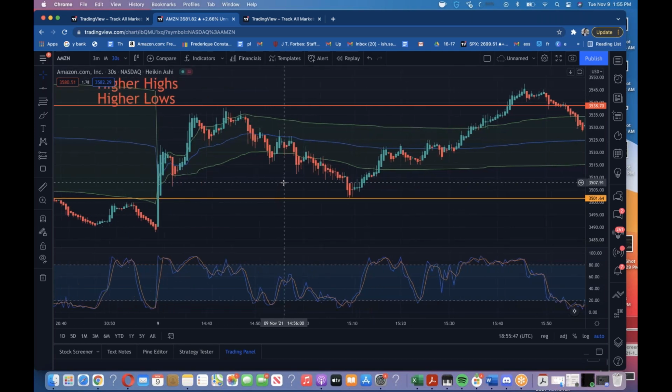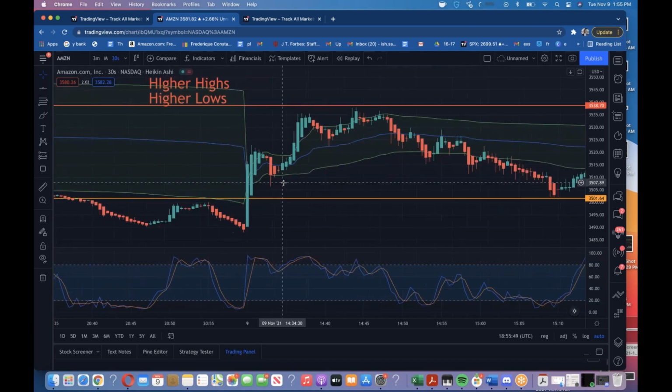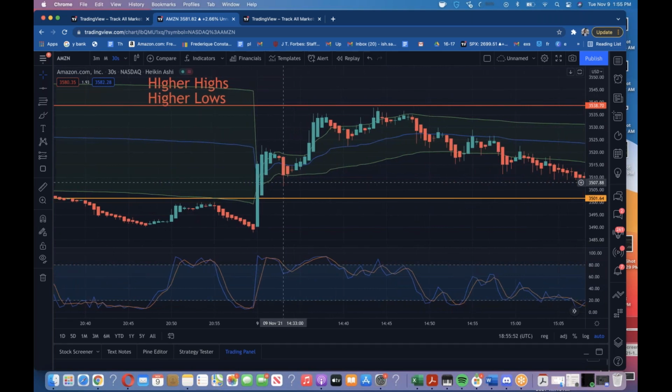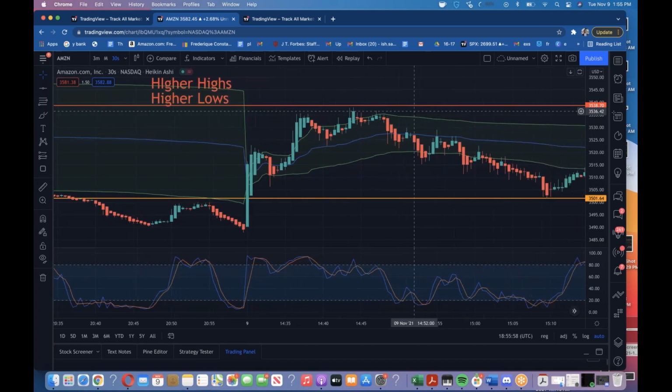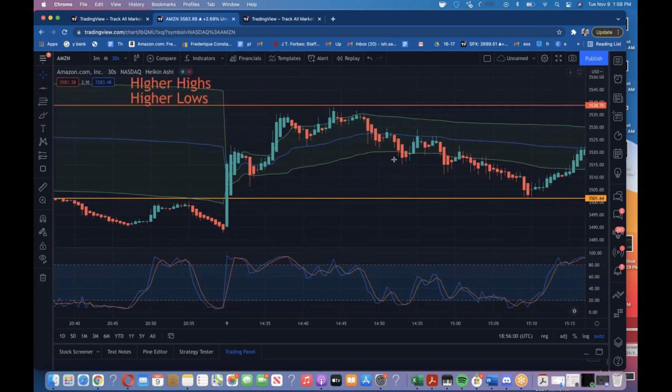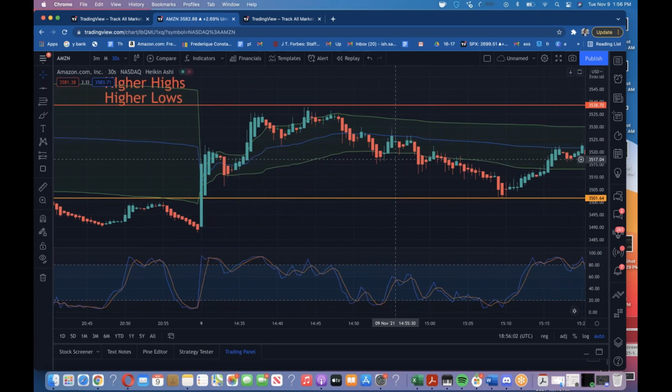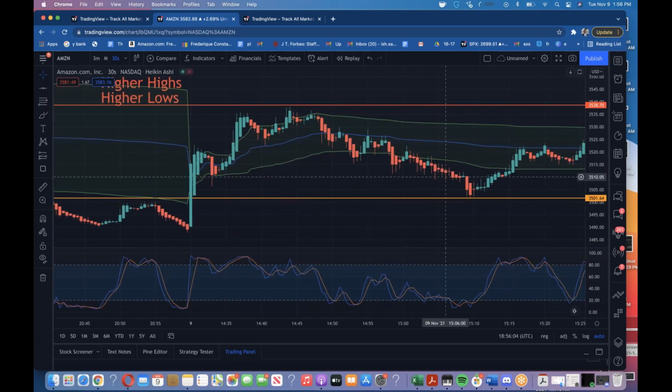So what we saw, let's go here for the open, is Amazon came out of the gate with higher highs and higher lows. Then we got this pullback, and then we decided to bounce. For some reason, the buyers in the market didn't want to take it lower.